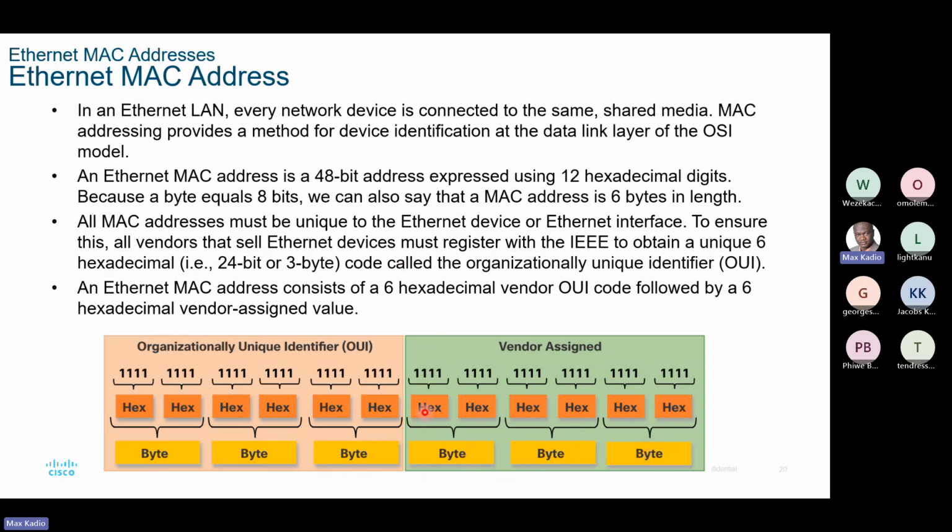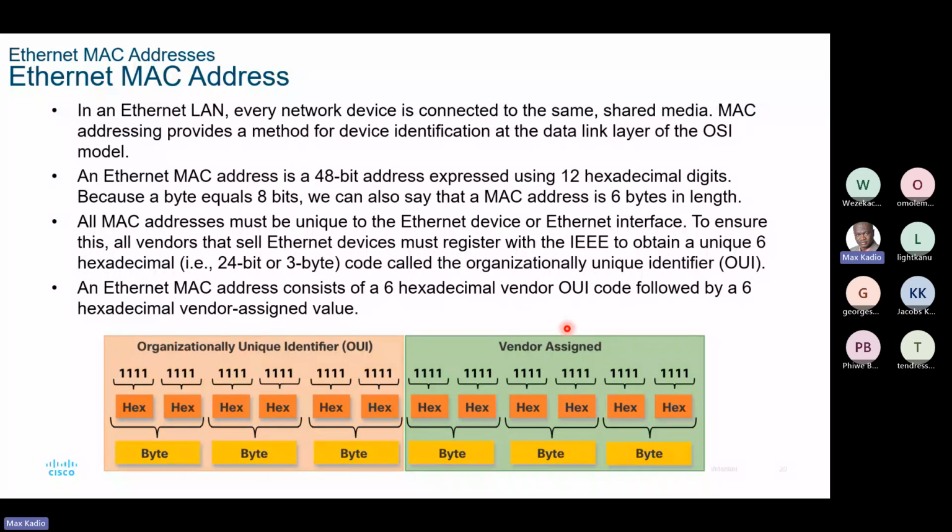If we cut in 2, the first 3 is going to identify organizationally what. And the last 3 is vendor. So let's say, for example, CPUT.